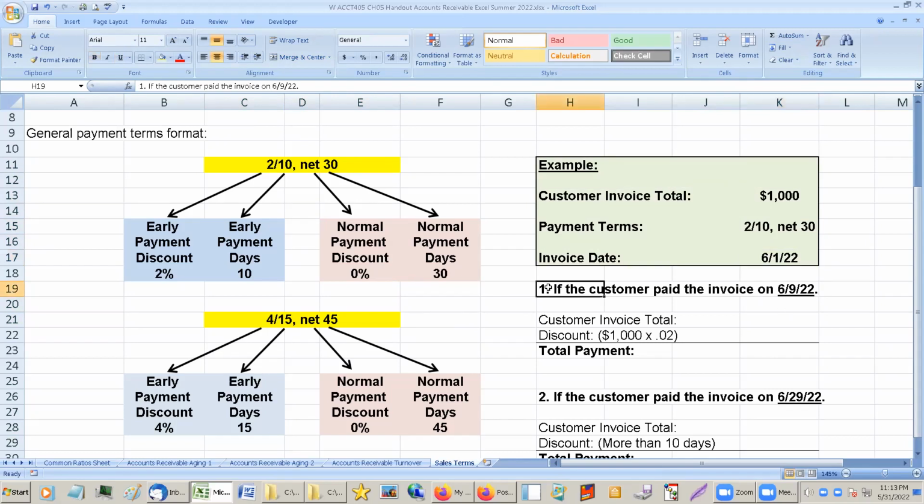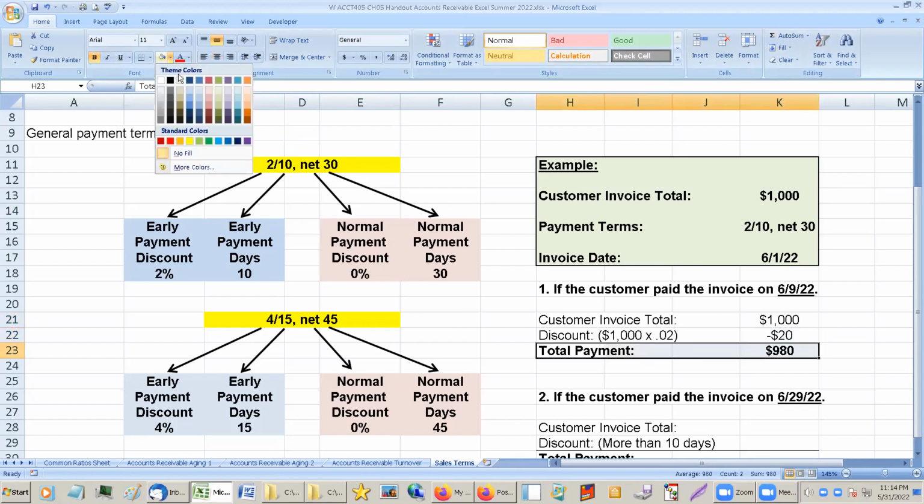Number one says when they pay it off, so what they'll do is they'll say, okay, well, the bill's for 1,000, but we get a 2% discount. So 2% of 1,000 is $20, I think. So this would be the total payment for that one.